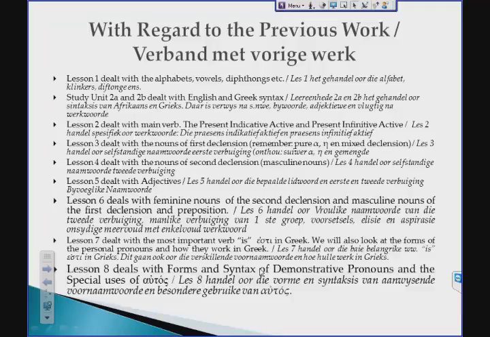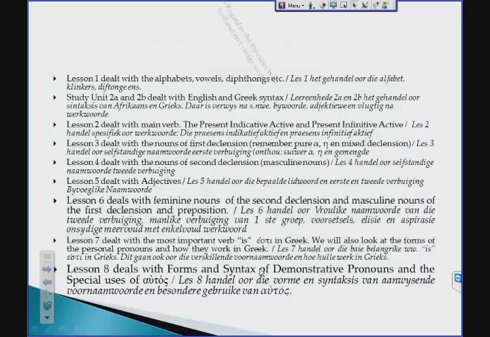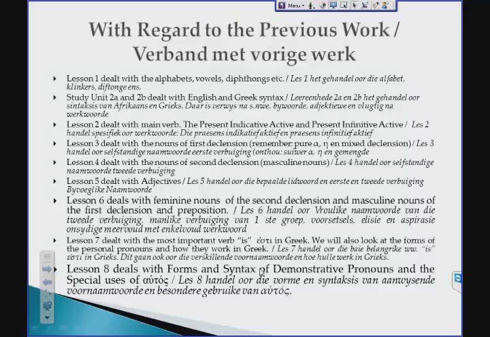So, coming to today, lesson 8 of CROI, we are discussing the forms and the syntax of the demonstrative pronoun, and also the special use of autos. Remember that in lesson 7, we know it as a personal pronoun he, the third person personal pronoun.